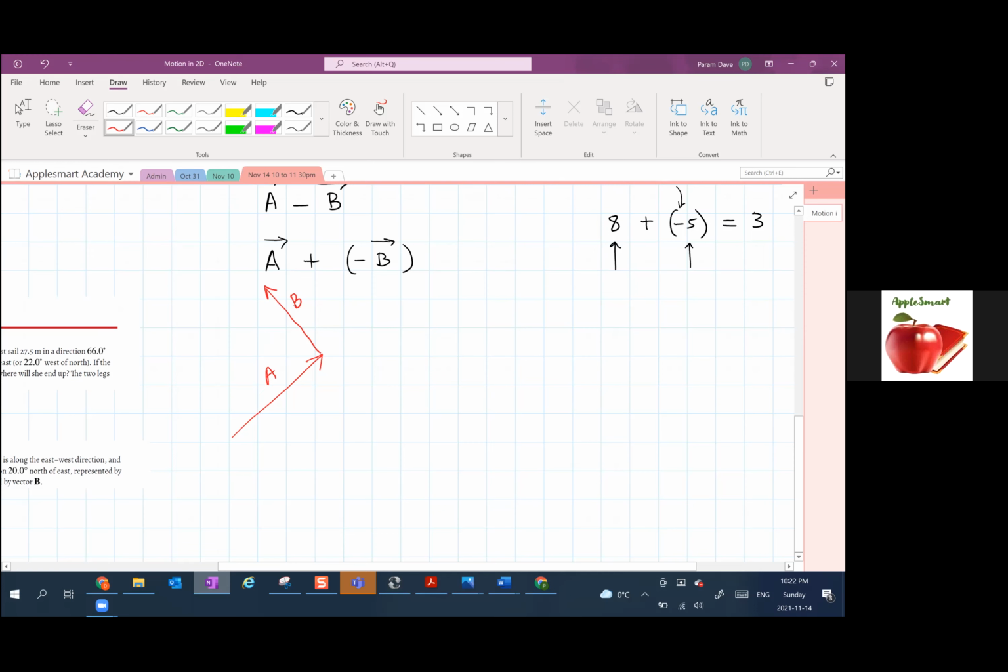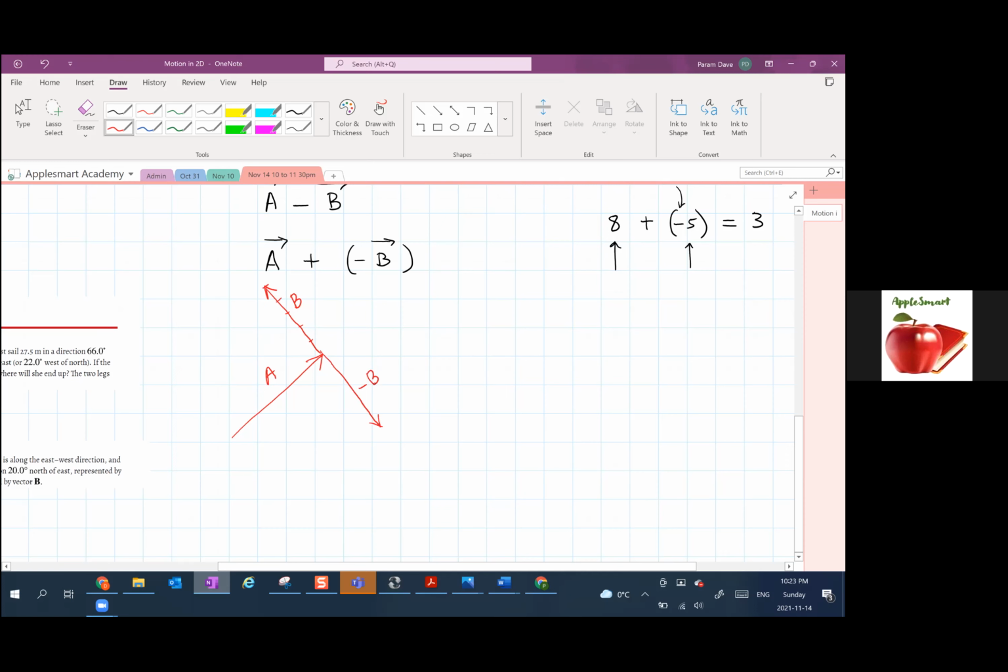Negative of B will be exactly in the opposite direction of B and the same length. All right, say 1, 2, 3, 4, 5, same length, but in the opposite direction. And so that is negative of B.